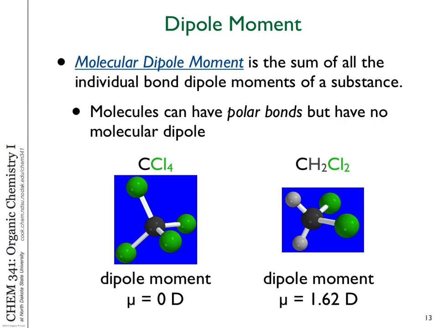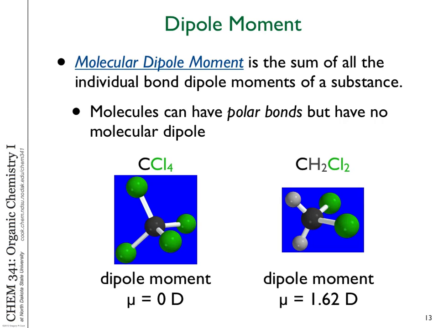And it's important to recognize also, depending on the three-dimensional structure of the molecule, you can have molecules that have polarized bonds in them, but overall, the molecule itself is nonpolar, has no dipole moment. For example, carbon tetrachloride. Right?